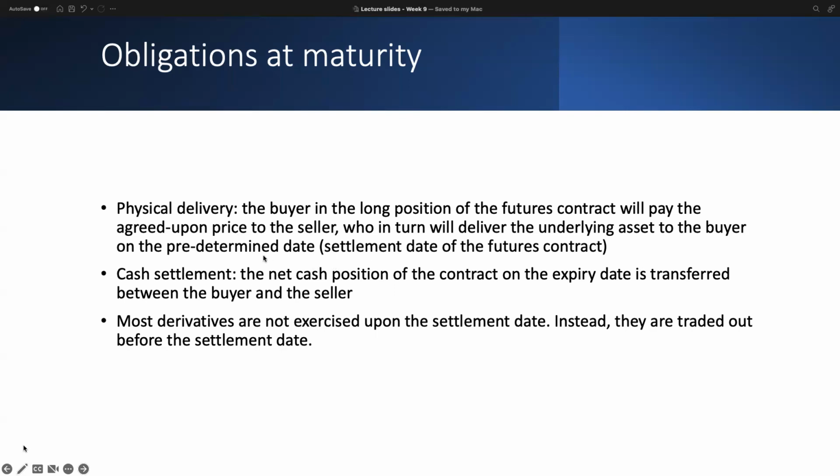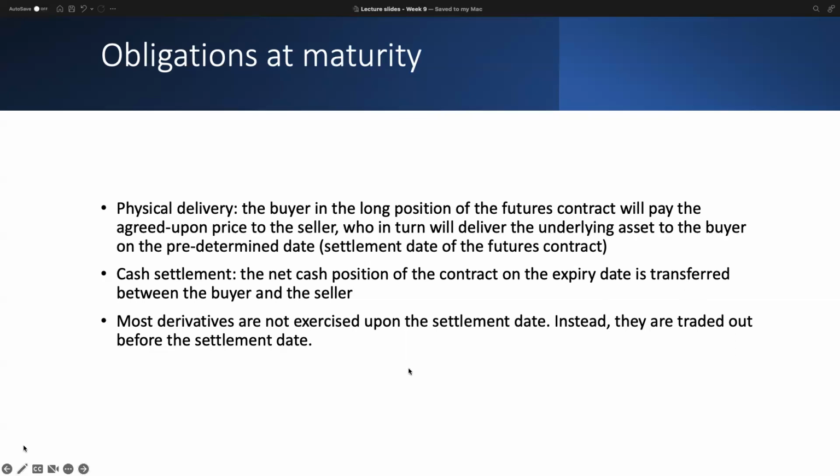If the delivery is in the form of cash settlement, then the net cash position of the contract is transferred between the two parties. This is mainly due to the mark-to-market exercise by the futures exchange, which I'll talk about later.